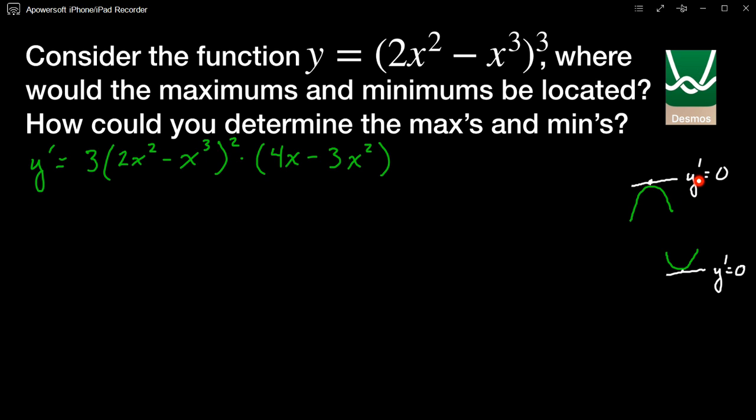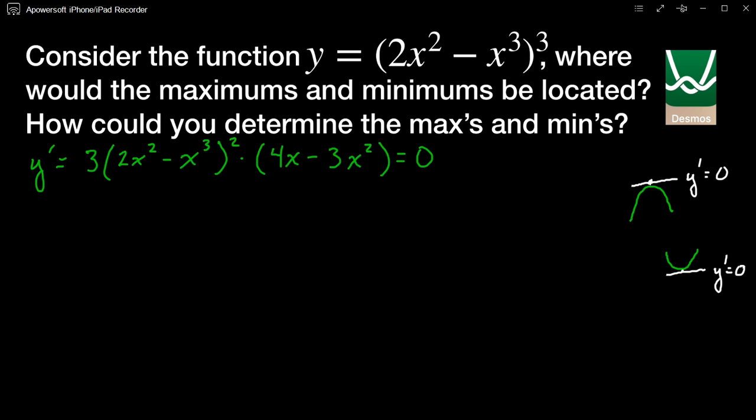So not only is your derivative going to be 0 at a maximum, but what happens from your left to the right is that your derivatives are going to change from positive values to negative values. So the first thing that we're going to be doing with our equation then of our derivative is setting this thing equal to 0, because at maximums and minimums our derivatives are equal to 0.